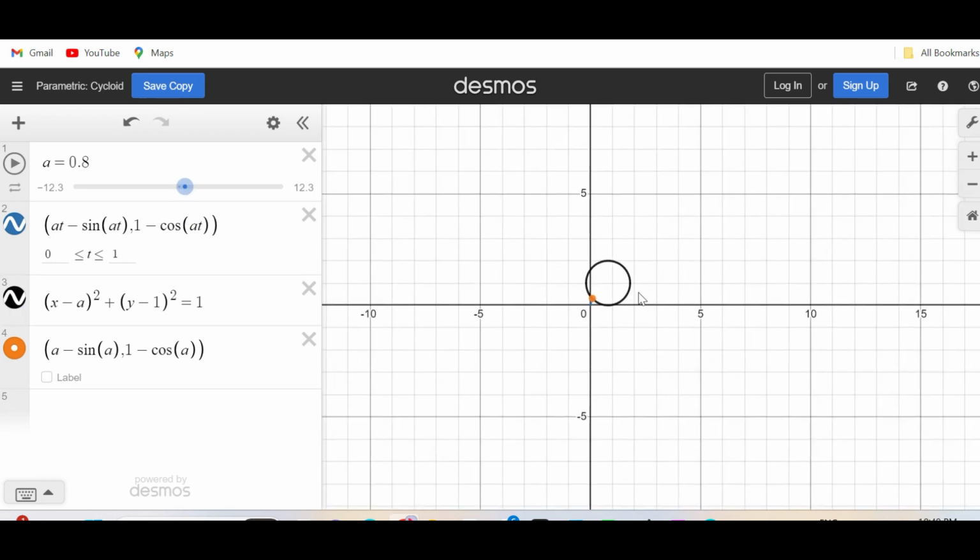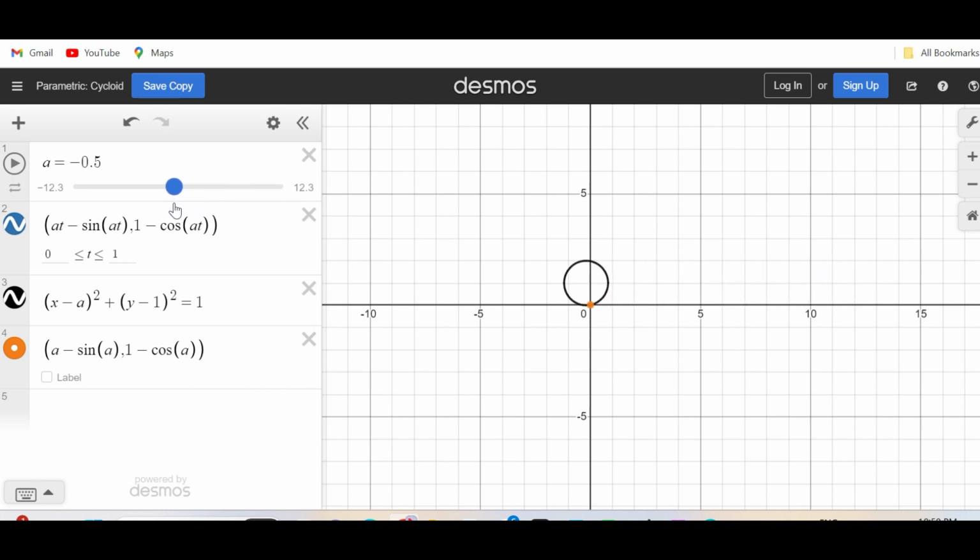So you can see how the particle moves along the cycloid. If I vary the a, then you can see how the particle varies along the curve. The blue curve is known as the cycloid, and the motion of the orange point along the circle is the particle.